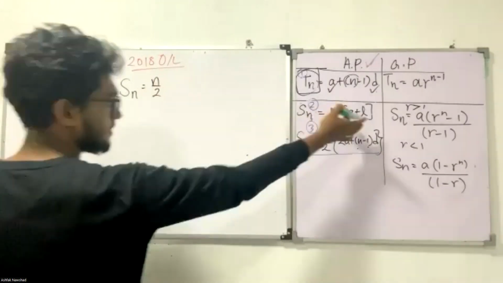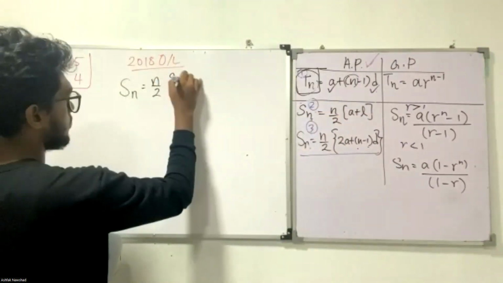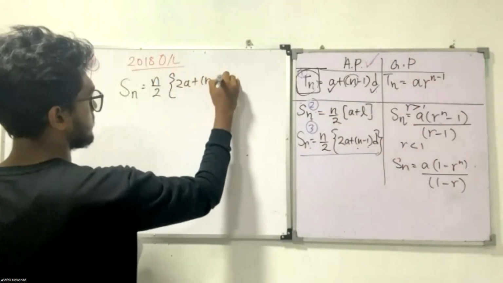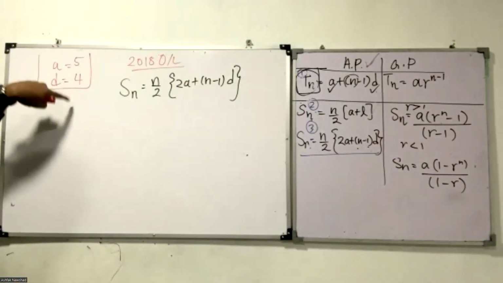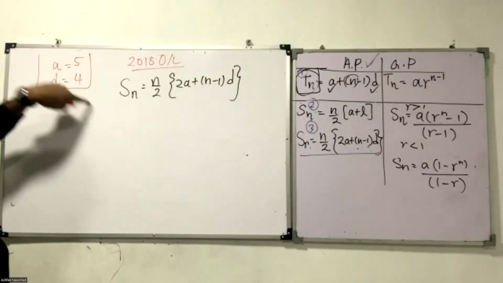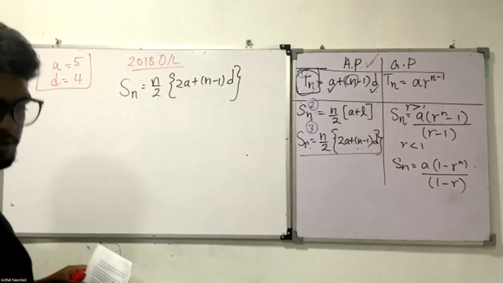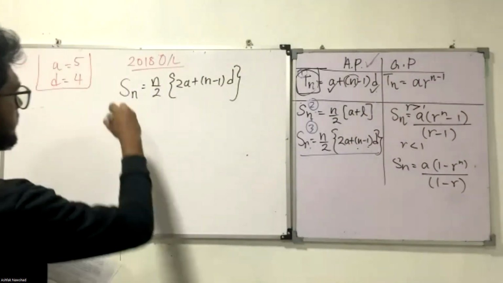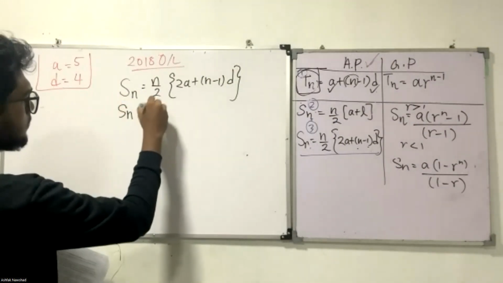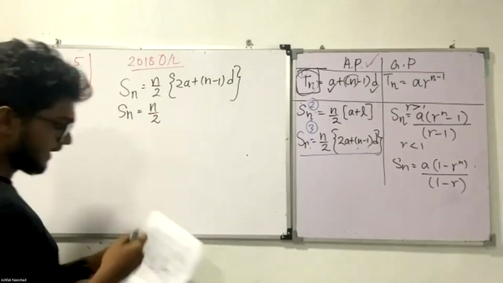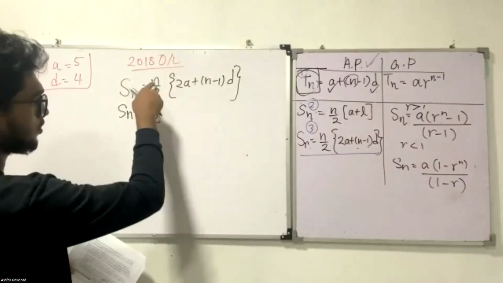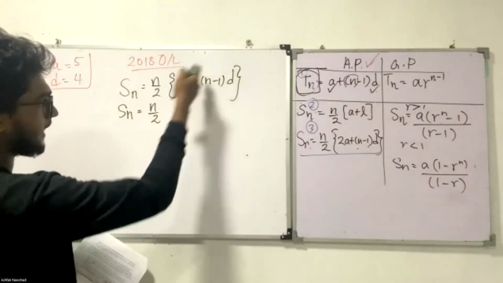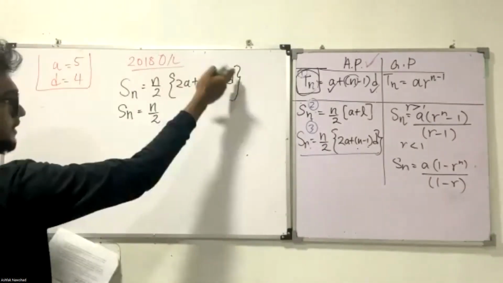We don't know the last term, so we'll use 2a plus n minus 1 times d. Here we know a and d, so we'll just have to simplify this. There's n in the answer, so we'll definitely keep n as it is, and substitute a and d.